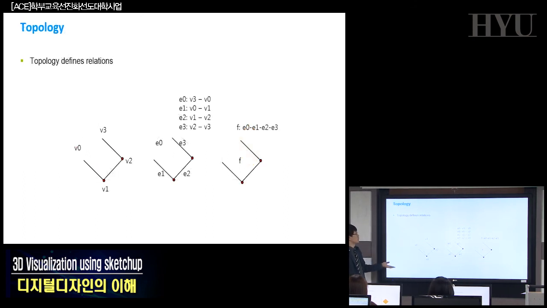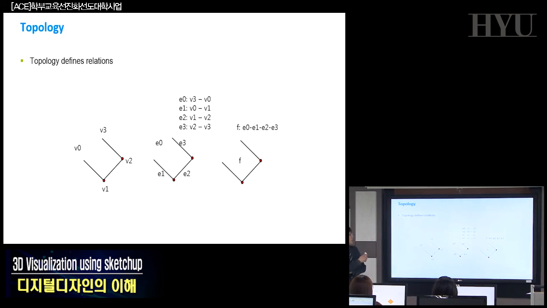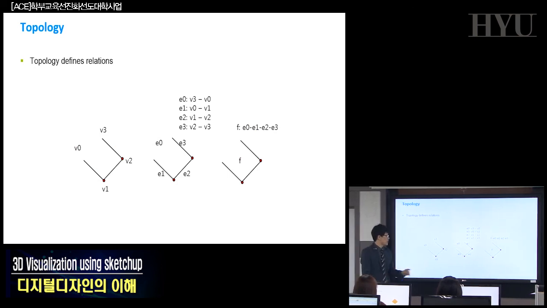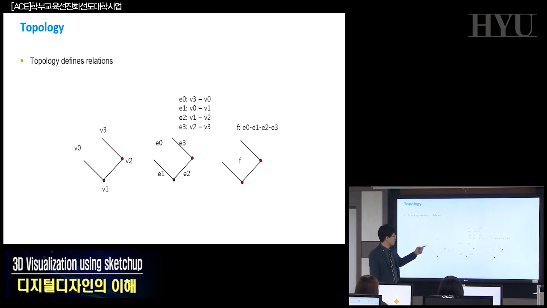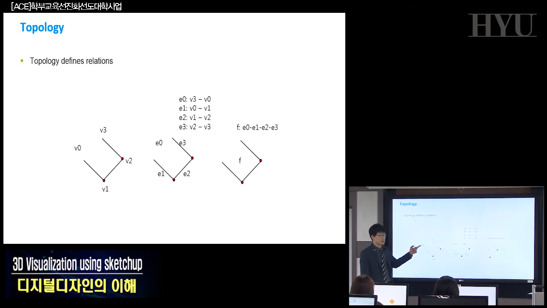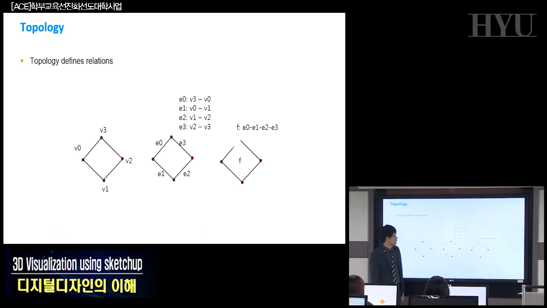How do we define topology? Actually, topology defines relations, not a coordinate system, okay? Let's take a look at V0 through V3. The term V here means vertex, okay? Vertices 0 through 3 are going to be connected this way. So the last one is connected this way.